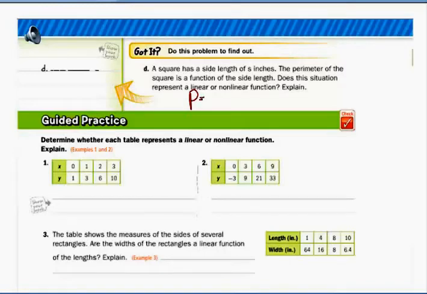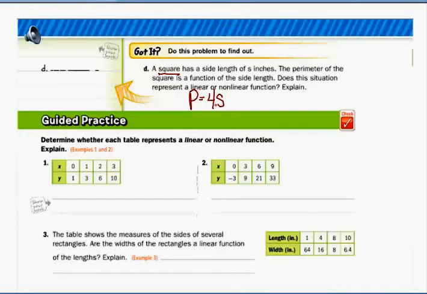You add all sides together, all right, but considering that this is a square, you know that a square has 4 sides, and all 4 of those sides are the exact same length. So I could say that the perimeter is 4 times s, so 4 times the side length.